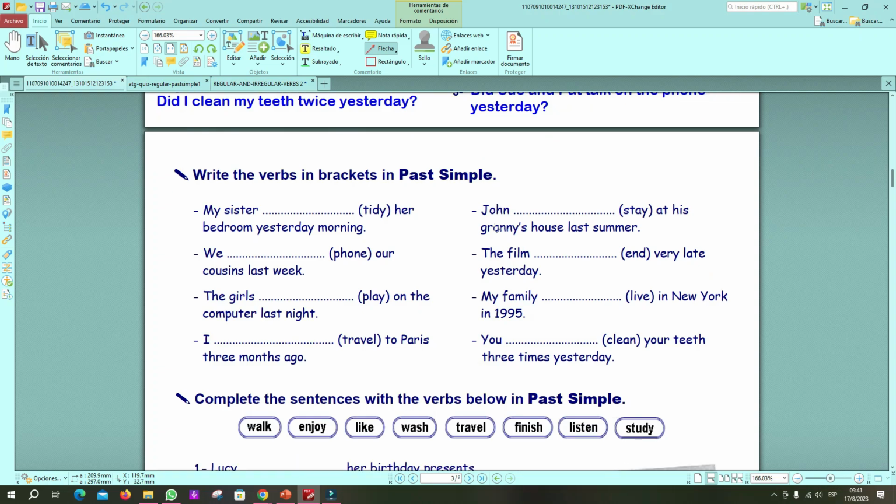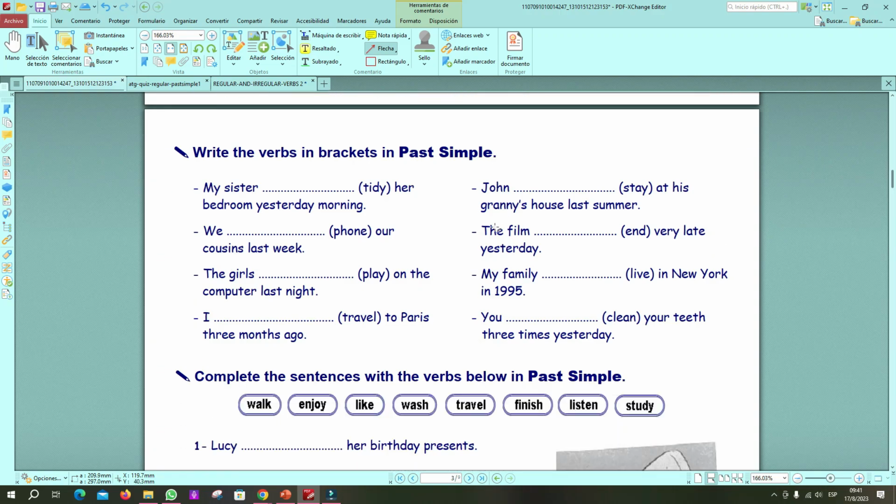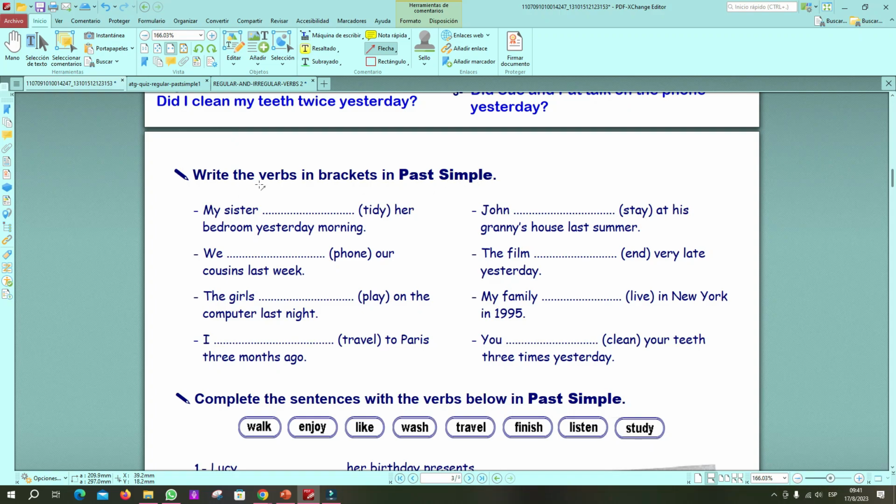Here you have another exercise. It says, write the verbs in brackets in simple past. For example, this one. My sister tidied her bedroom yesterday morning. How would you write this in past? Which is your verb?